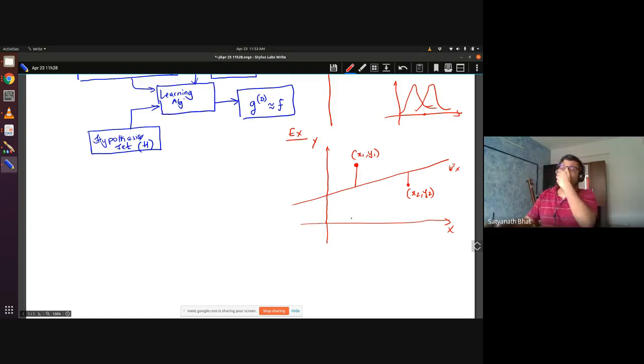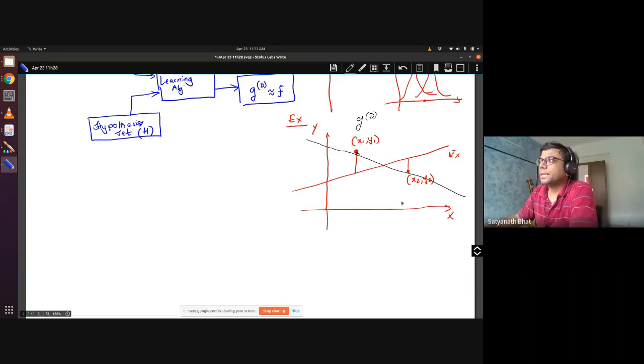If I try to learn from these, what I will get is something like this. This is my learned model, g_D, the best I can learn from these 2 data points.